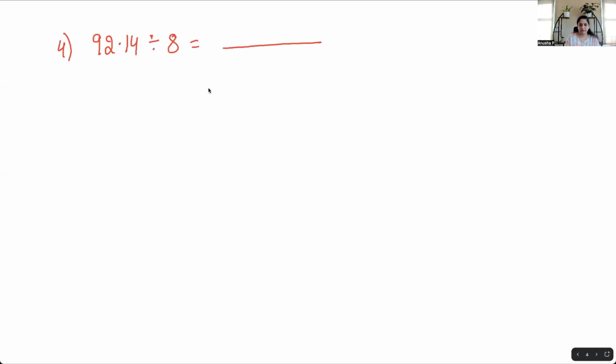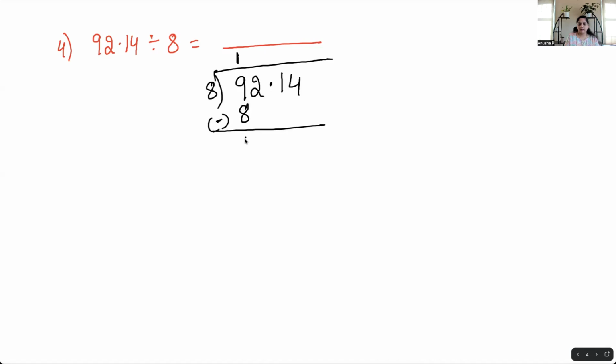The fourth example, 92.14. In this case, 9. 8 times 1 is 8. Again, we have to subtract. 9 minus 8 is 1 and we will bring the 2 down. 8 times 1 is 8.